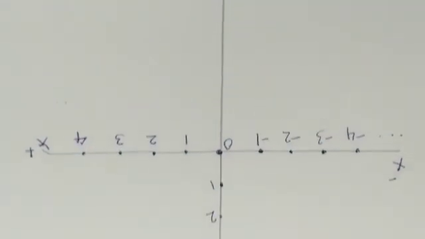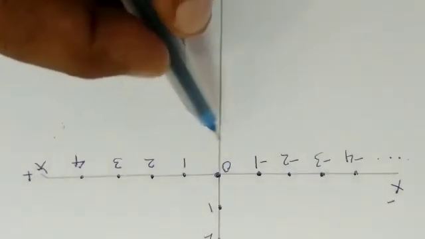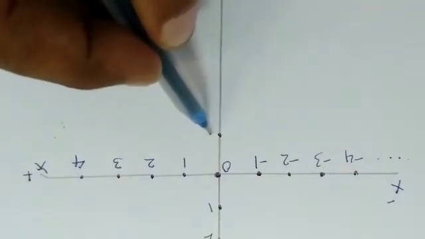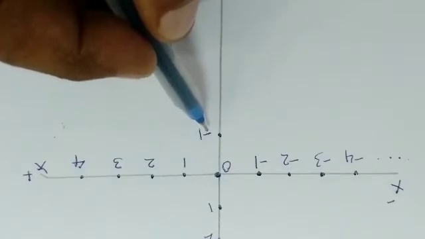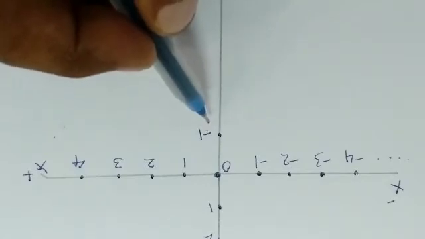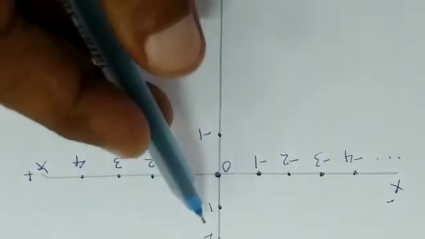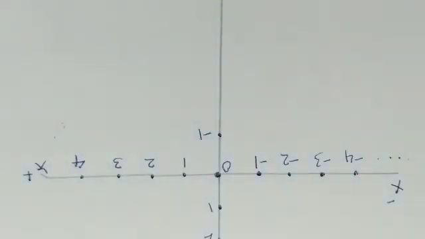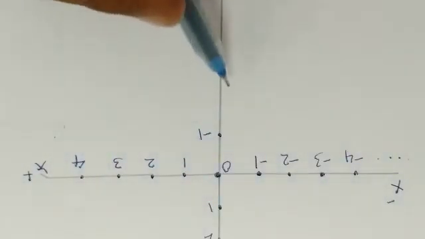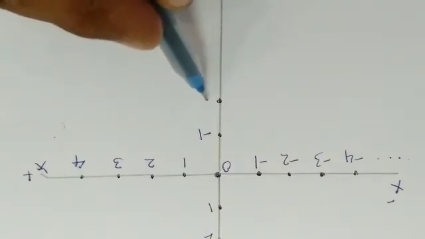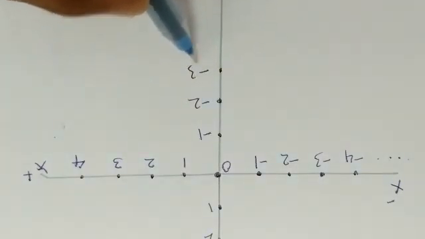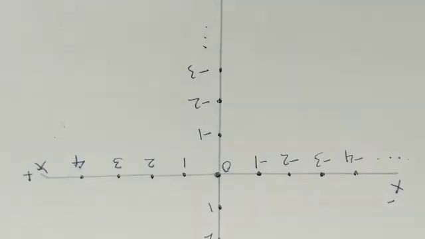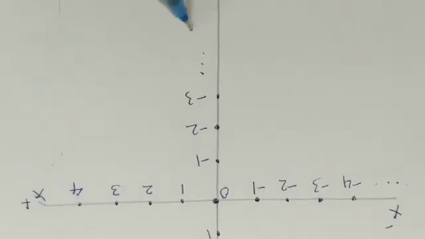If you move downwards, this is minus 1. Minus represents down. Plus represents up in the vertical line. If you move one more step down, it becomes minus 2, minus 3, and so on. This is the negative y-axis.